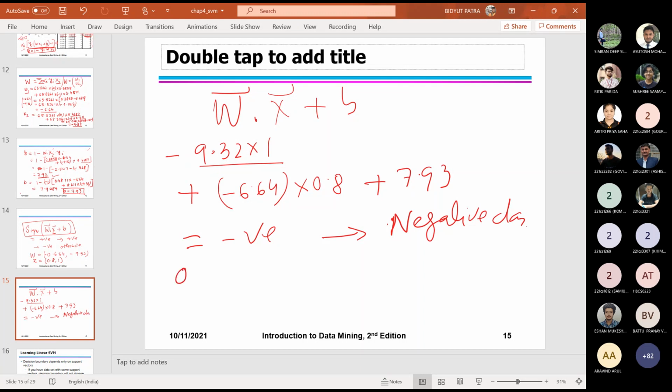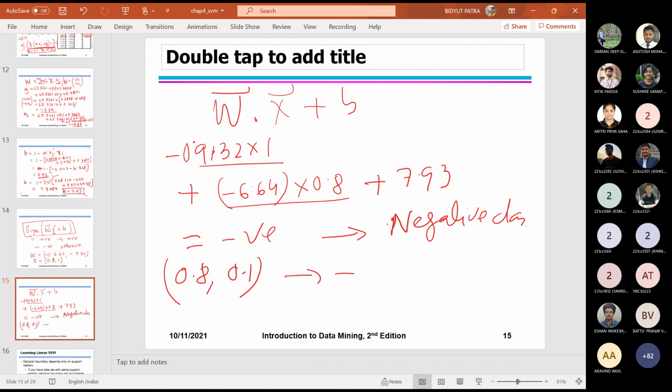Now let's say the point is 0.8 and 0.1, so what will be the value? It is the same thing, so here it will be 0.9. So I think this will be positive.